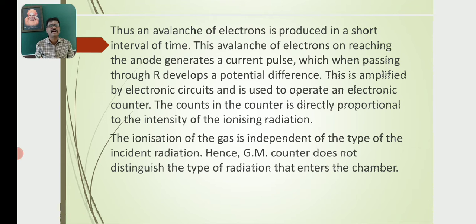The electrons on reaching the anode generate a current pulse, which when passing through the high resistance develops a potential difference. This is amplified by electronic circuits and is used to operate an electronic counter.